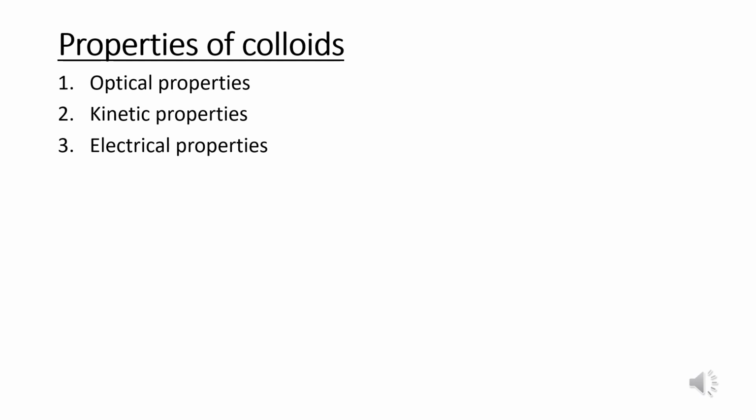Colloids show three major categories of properties: optical properties, kinetic properties, and electrical properties. In this session, we mainly focus on optical and kinetic properties. These properties help us understand the particle size, their movement and behavior in the dispersion medium.